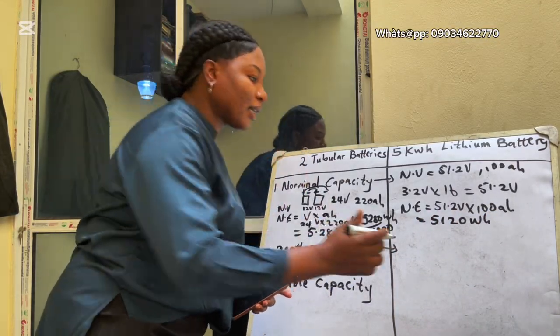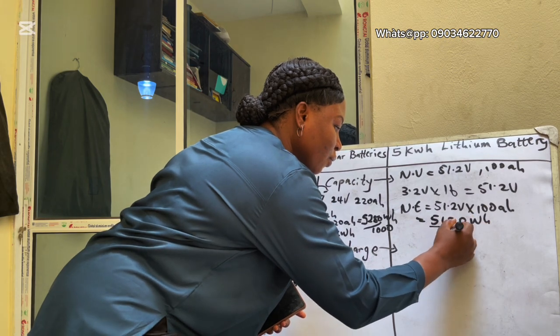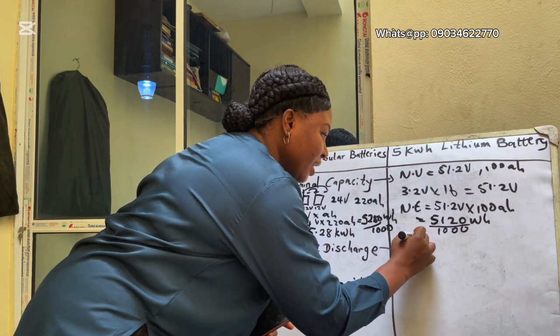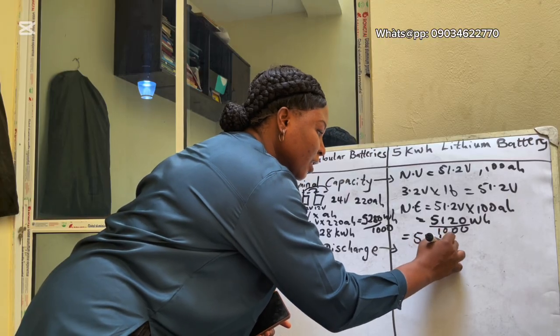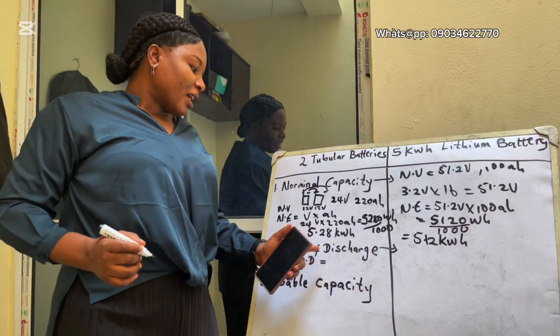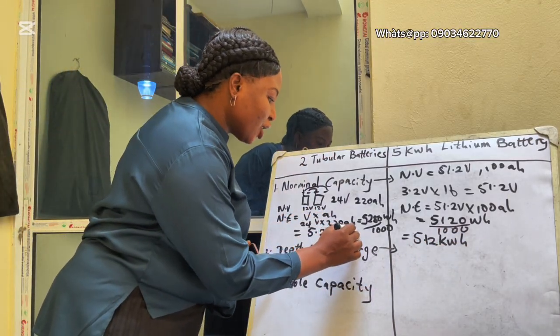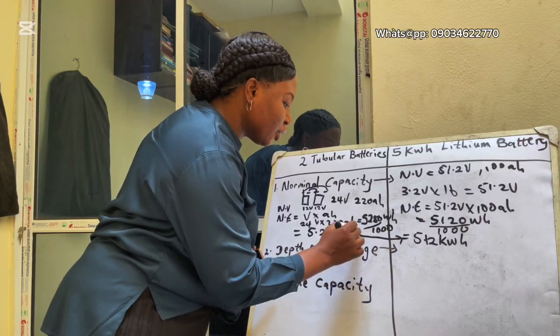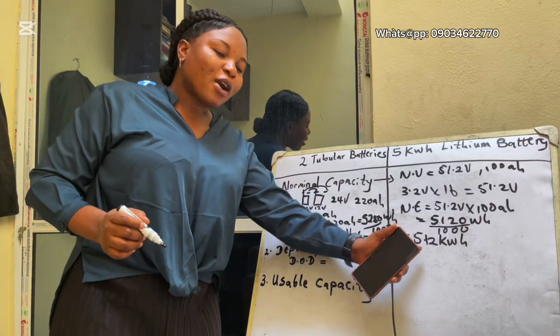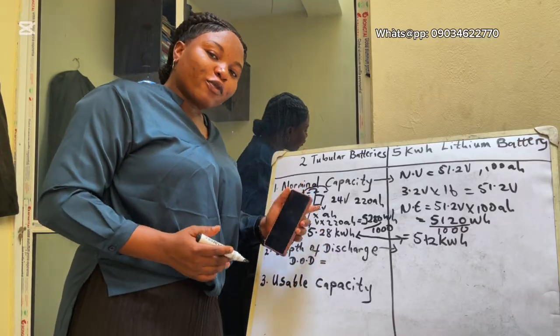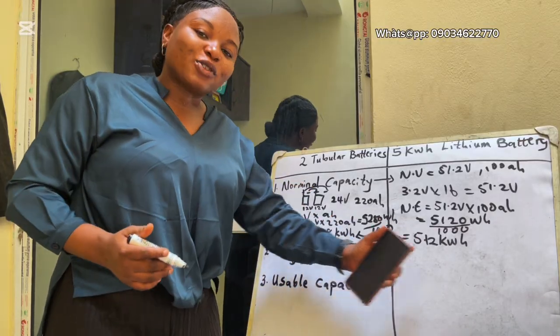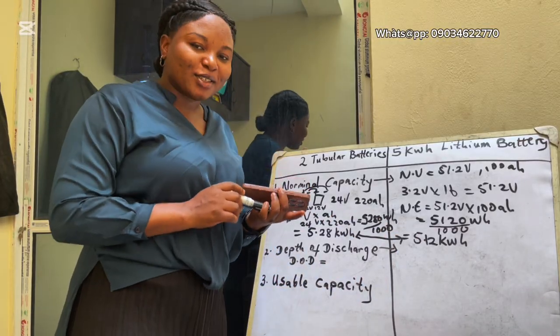Then to get it in kilowatt hour, we simply divide by 1000. We have 5.12 kilowatt hour. Now comparing the nominal energy of the two tubular batteries and the 5 kilowatt lithium battery, you find out that the nominal energy of the two tubular batteries is higher than that of the 5 kilowatt lithium hour battery.